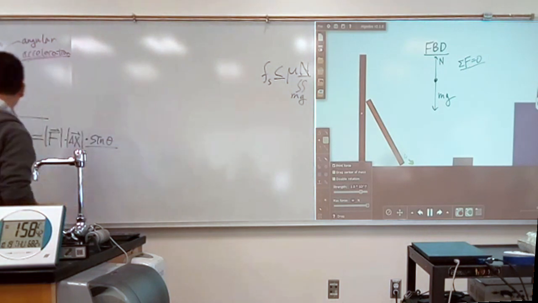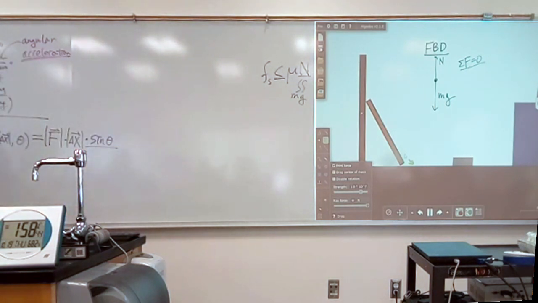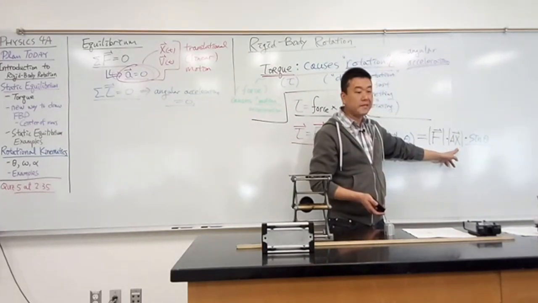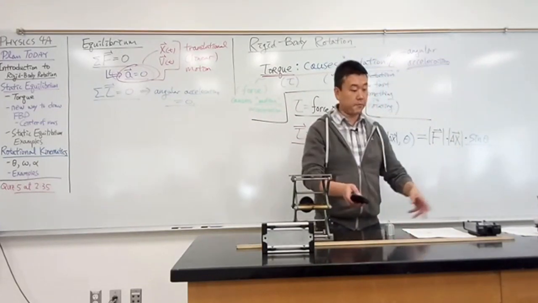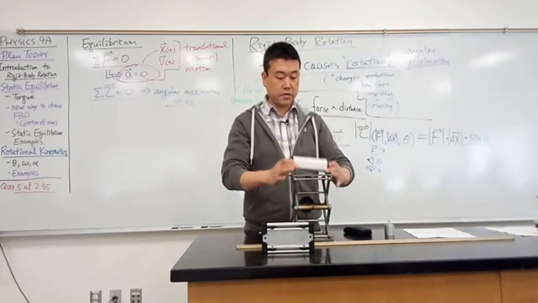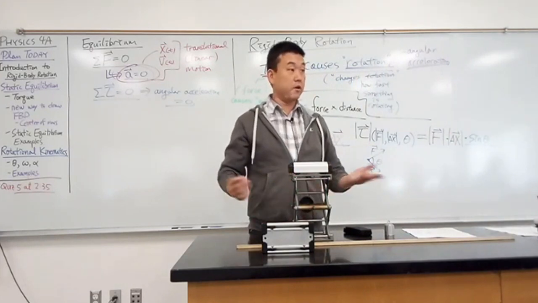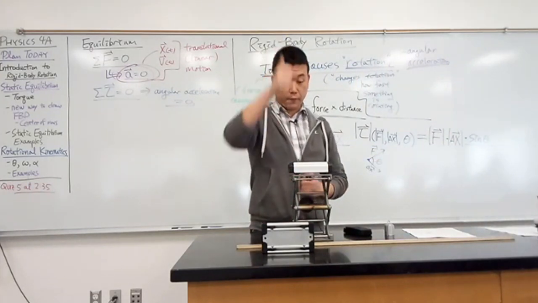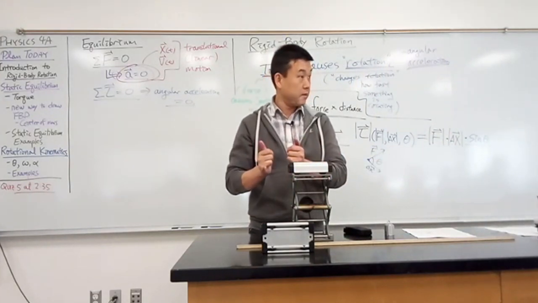So in this situation, torque depends on where you are applying the force. So far, we didn't really care where the force was applied. If I have this cart sitting here, then all that mattered for normal force is that it's an upward force somewhere on this object.